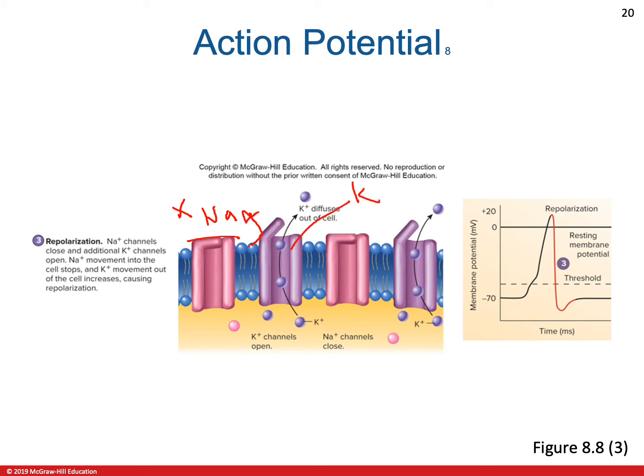More potassium will go out, making the inside of the cell again negative and positive outside. Sometimes when potassium leaves the cells, it goes beyond your resting membrane potential level. We call that hyperpolarization.